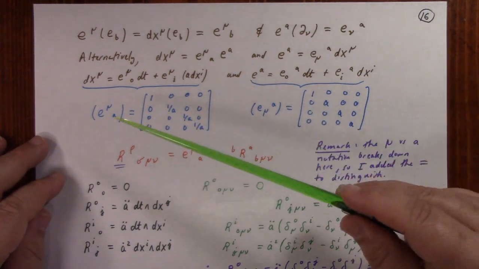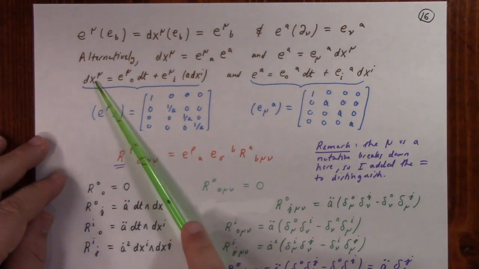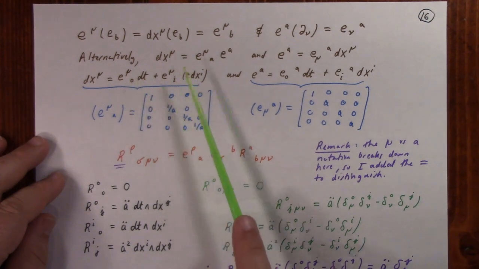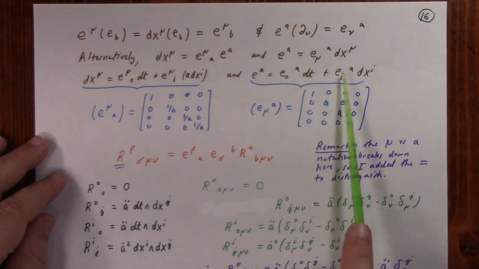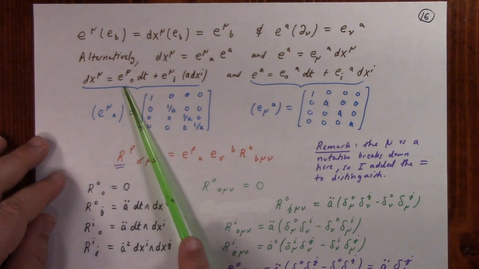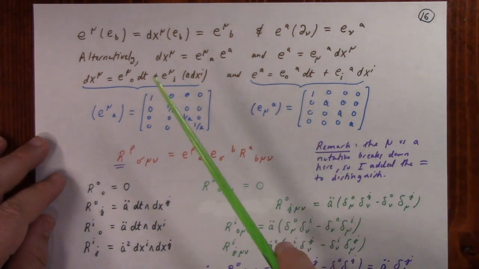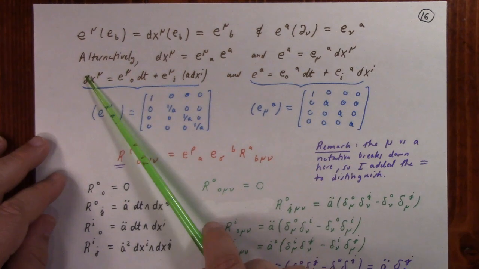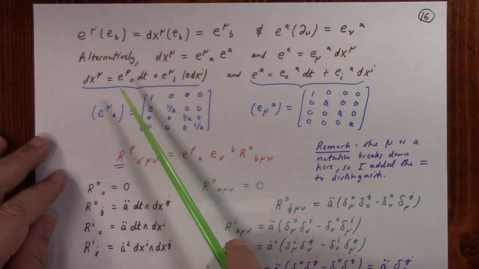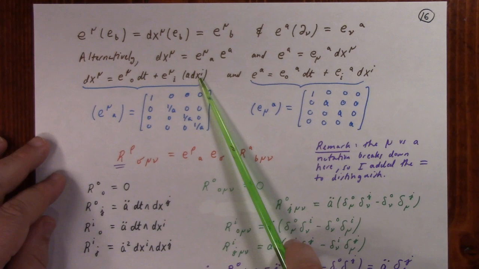All right, so here's my tetrad matrix, here's my other tetrad matrix, and you can see that from comparing the differential in the coordinate frame versus the tetrad frame and vice versa. So this defines the E mu lower A matrix and the E lower mu upper A matrix. And so like dt has to match dt, right? So that puts a 1 here. dx1 has to match what appears as the coefficient of dx1 here, which is what?